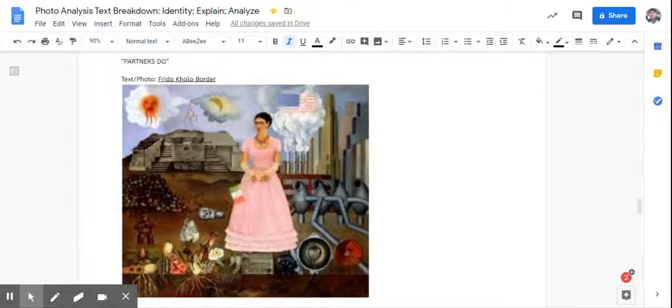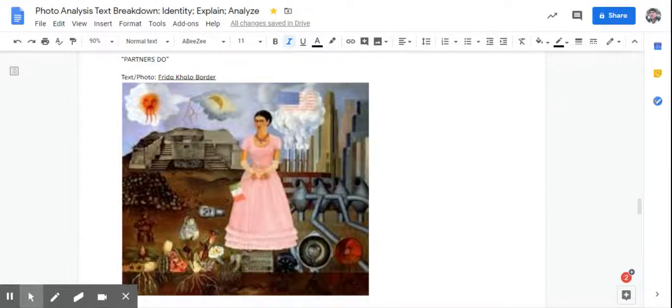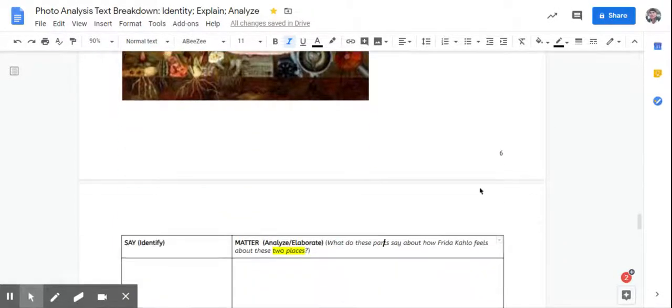So you want to focus on the fact that she's in the middle of these two places, these two cultures, these two countries. What do these parts say about what she feels about these two different locations? I hope that part made sense.